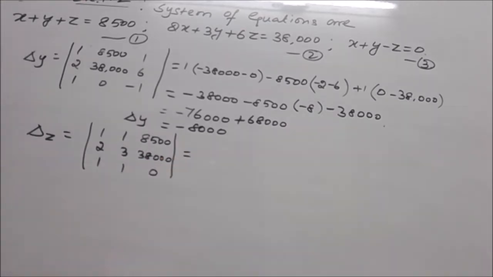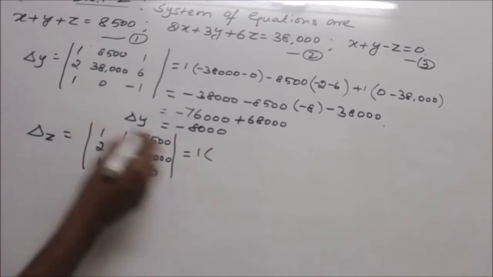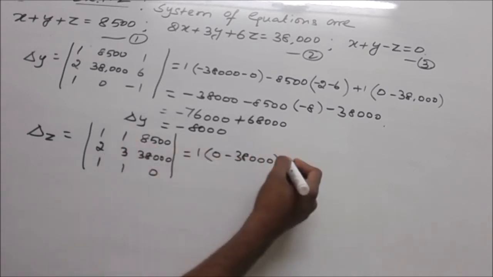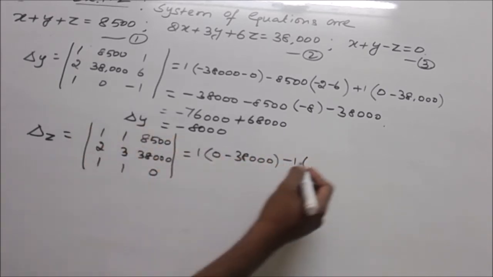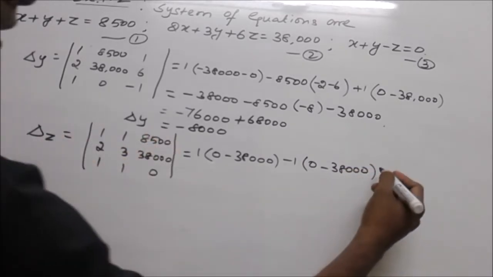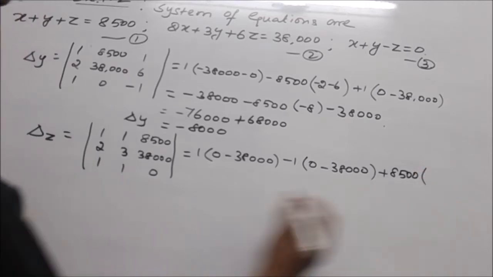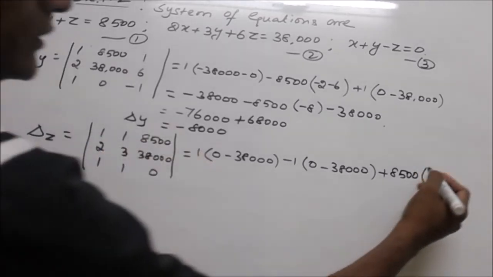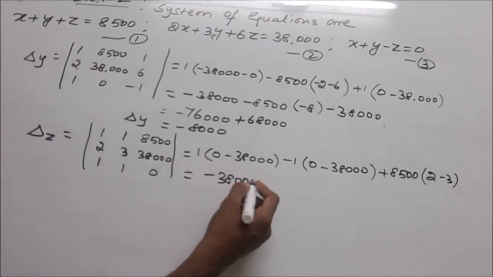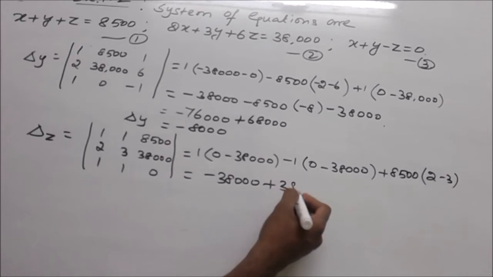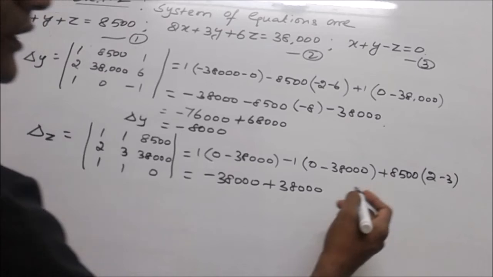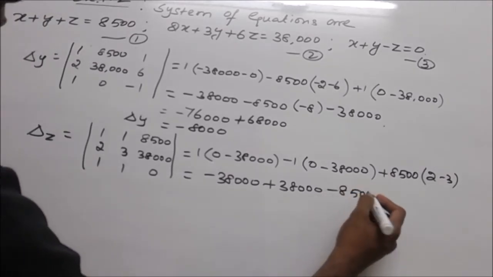Now evaluating this, 1 into 0 minus 38,000, minus 1 into 0 minus 38,000, and then plus 8,500 into 2 minus 3, which is equal to minus 38,000 and then plus 38,000, plus 8,500 into minus 1, which means minus 8,500.